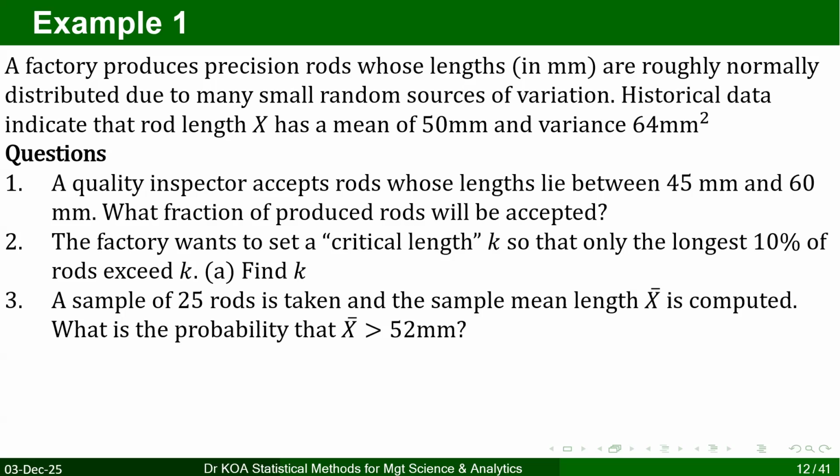So we need to go and look for the 90th percentile in the Z table. And then we already know our mean and our standard deviation, which is the root of 64, in this case 8, and our mean is 50, right? So we have to just do a change of subject, make X the subject.